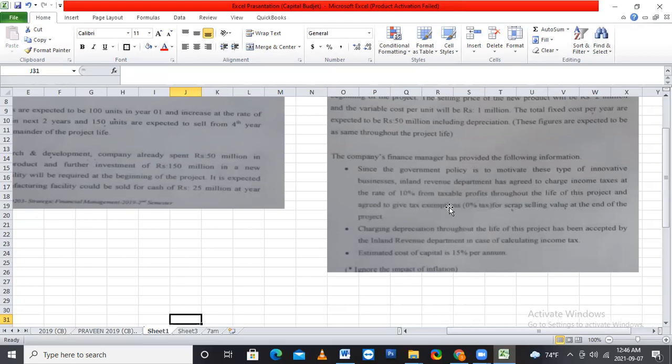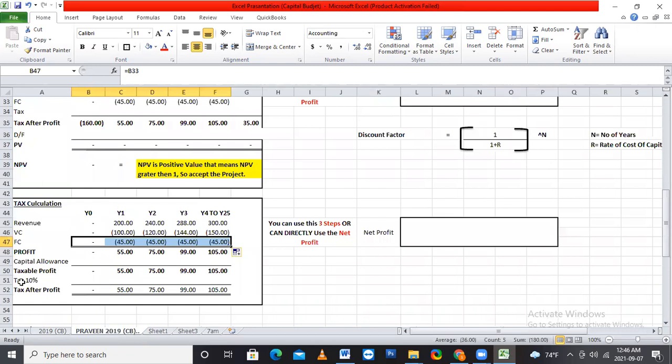So there is no tax on the scrap selling value. We put the tax rate, 10%.